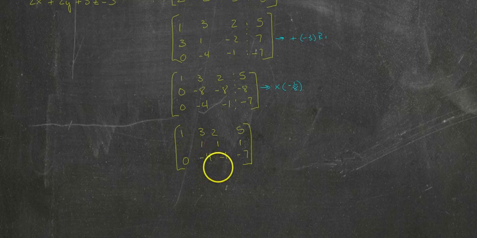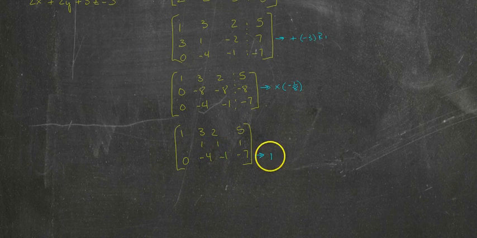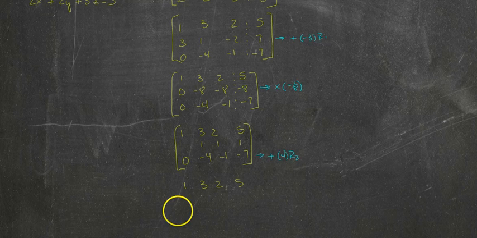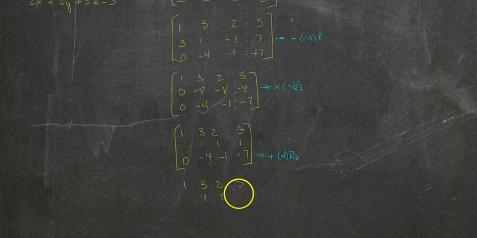Last thing I want to get rid of is this -4. So I'm going to add 4 times row 2. Okay, the rows I'm not changing, 1, 3, 2, 5. And 0, 1, 1, 1.